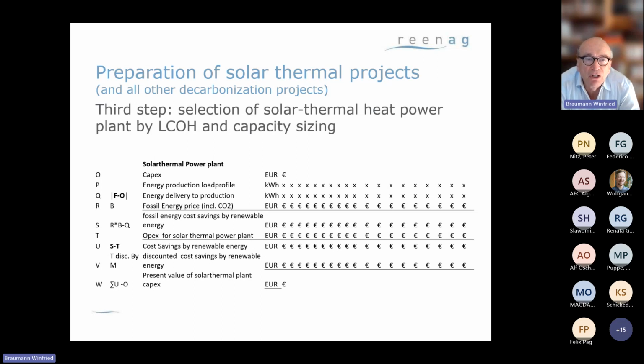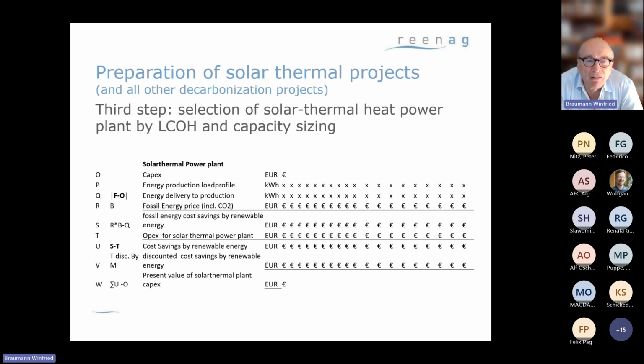So if its production profile fully matches the load profile of the production plant, which very rarely, of course, will be the case, but just for starting the calculation.